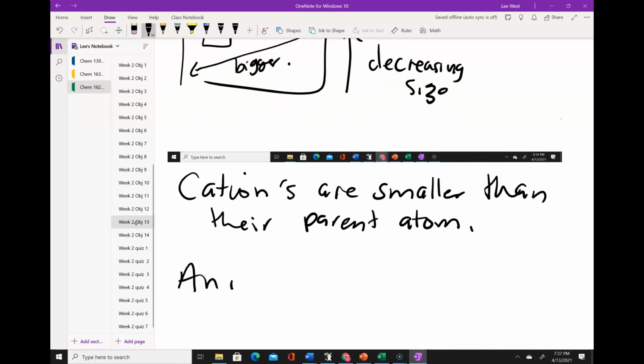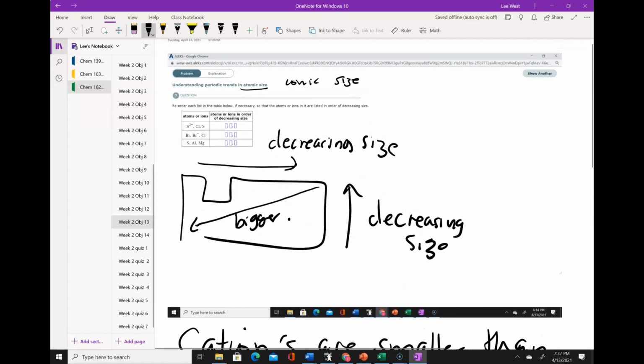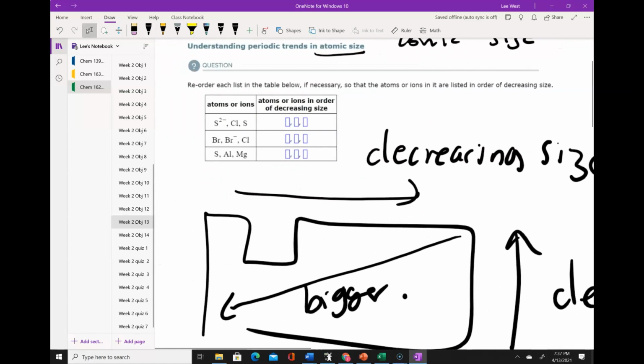Anions are made by adding electrons, so they're going to be bigger than their parent atom. So hopefully that makes sense, right? Putting these 3 bits of information together, we should be able to figure this out.